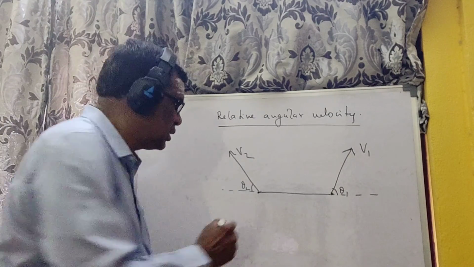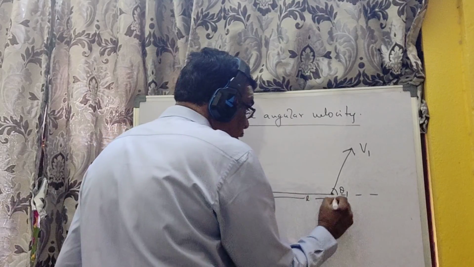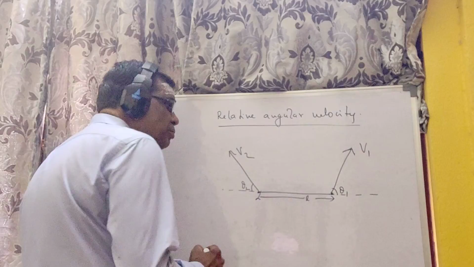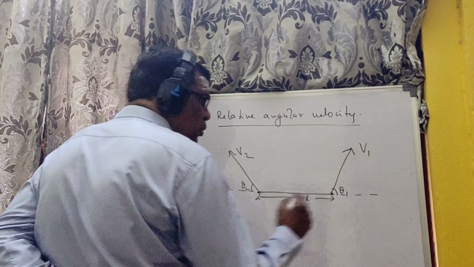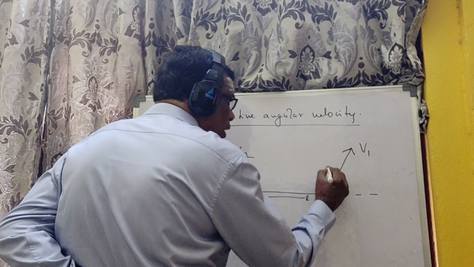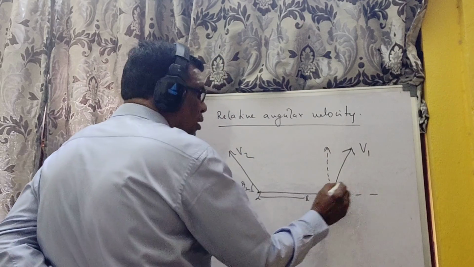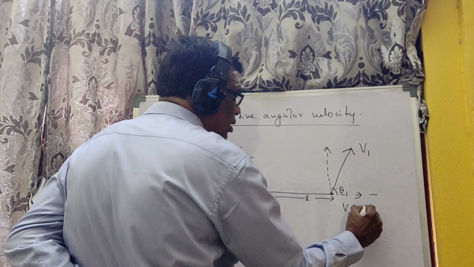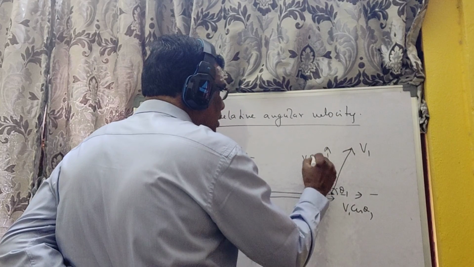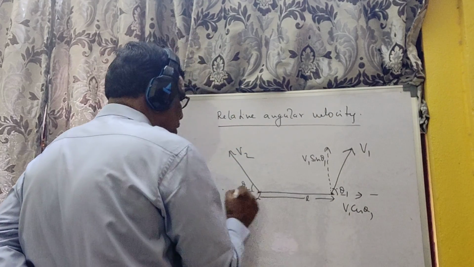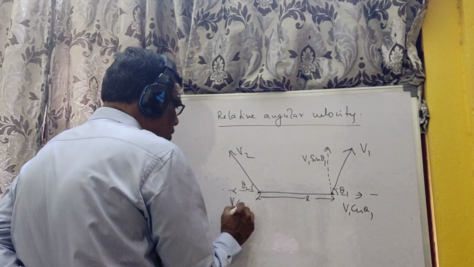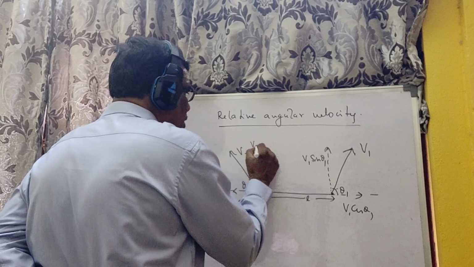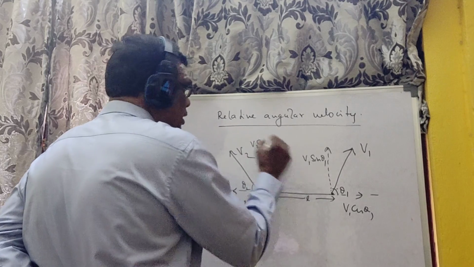Suppose the situation is given, the perpendicular distance between these two is of course L as usual. I will try to get the perpendicular component. The parallel component is V1 cos theta 1, and this is V1 sin theta 1. What about this? V2 cos theta 2, and this is V2 sin theta 2.